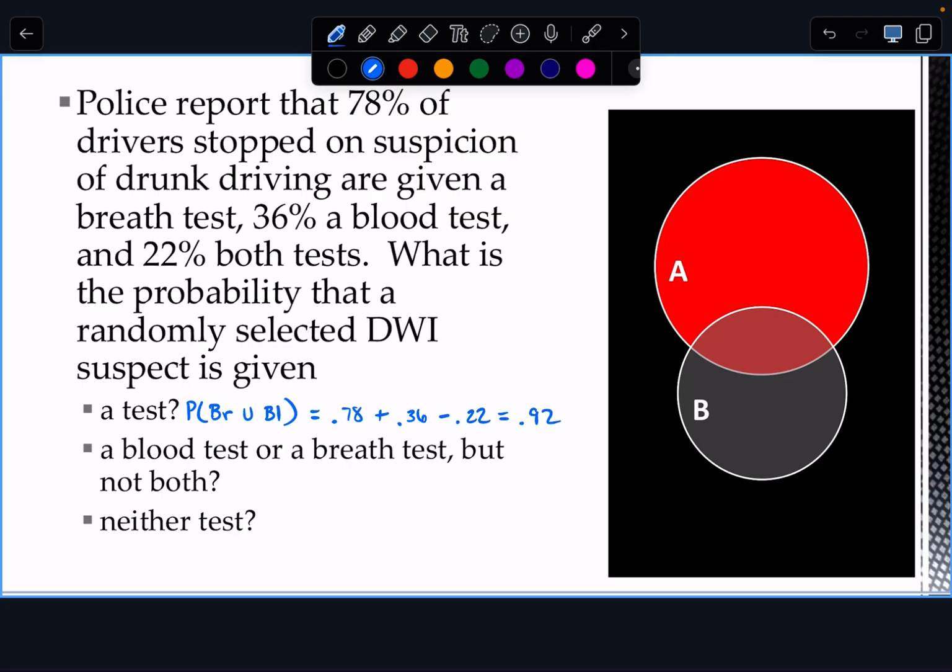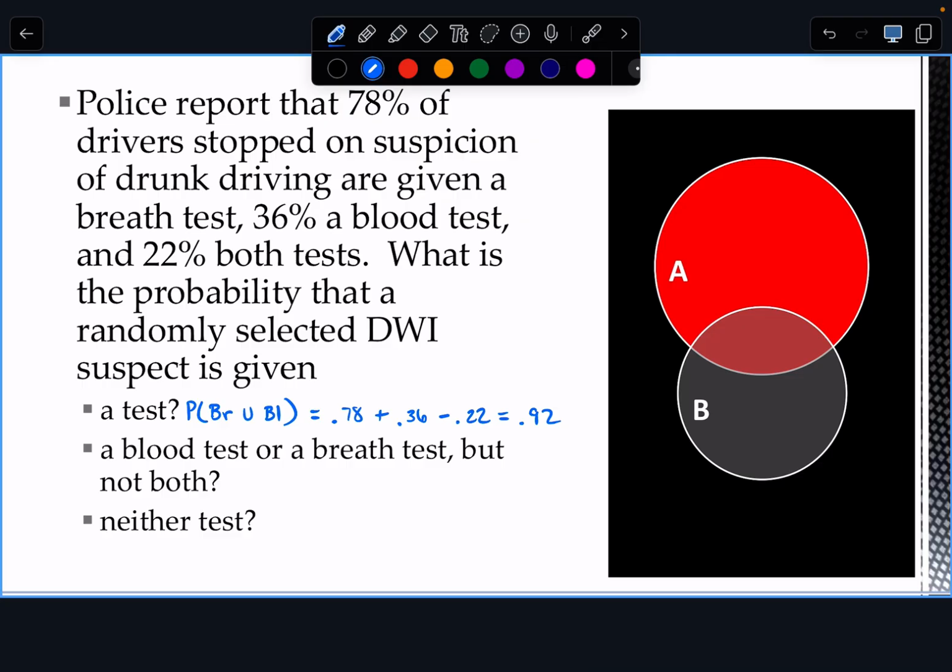But now if I look at the next one, a blood test or a breath test, but not both, this gets a little more complicated because now I have to start thinking about the events where I can't have both people included. It gets a little more convoluted as far as how I calculate this out. Since they asked the first question in the sequence, the probability that I get a test in general was 92%.